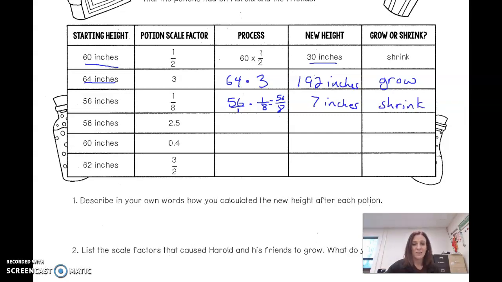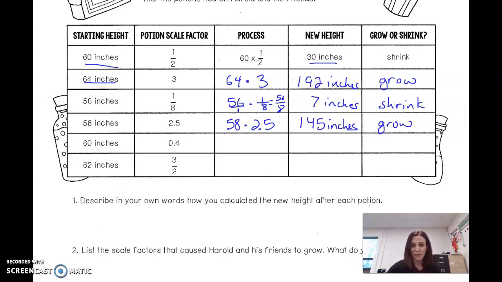Did they grow or shrink? Shrink. Same thing here. Now, our scale factor this time is a decimal. Does it matter? Do we change because it's a decimal? No. We're multiplying. Scale factor is the number we multiply by. So 58 times 2.5. Type that into a calculator, you get 145 inches. From 58 to 145, definitely grew. So we write grow.